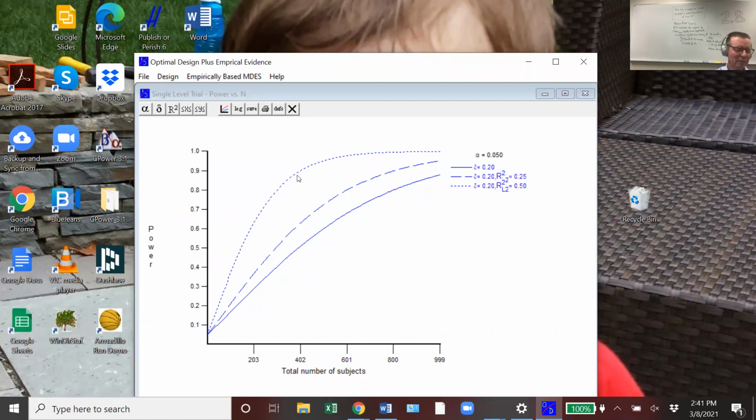If those 3rd grade pre-intervention measures account for 50% of the variation in your 4th grade pro-social behavior outcome, you can get by with less than half of the observations and still get 80% power. All right, so that's one of the most important lessons I think coming out of this power analysis. Get a powerful set of baseline variables because that will help you out.